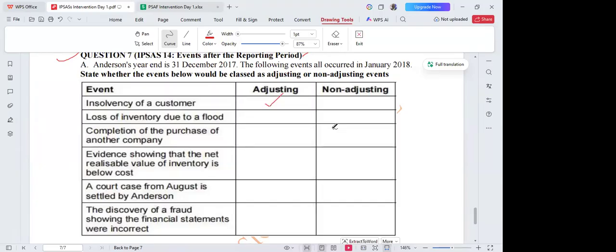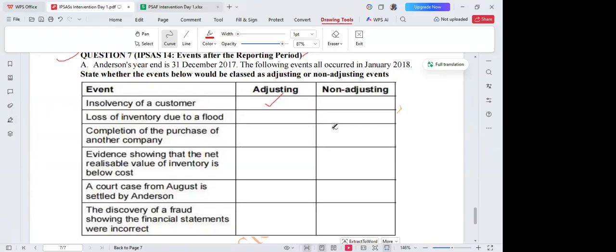The next item. Loss of inventory due to a flood. Is it an adjusting or non-adjusting event? It's adjusting.